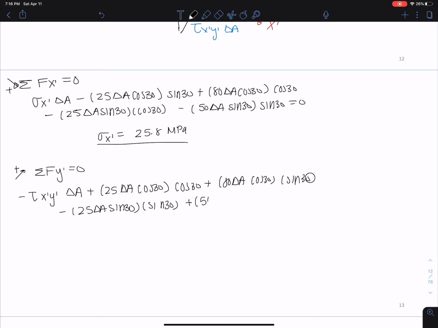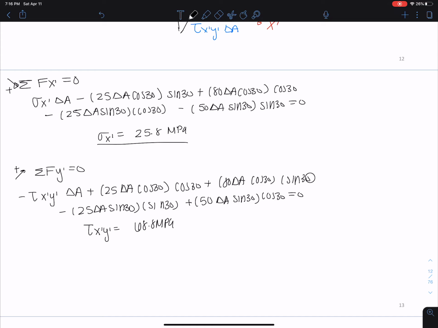And then lastly, plus 50 delta A sine 30 cos 30 equals 0. And then we get tau x prime y prime equals 68.8 megapascals.